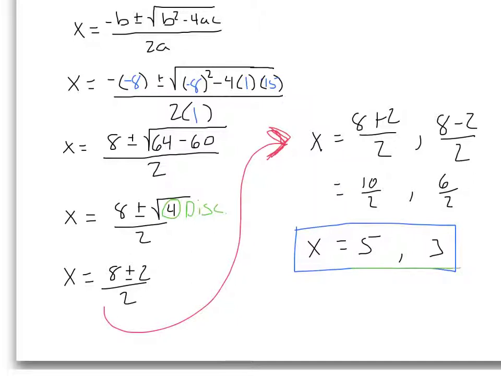Which we do. So you can check your work. You can make sure that you're doing things properly by asking, does your discriminant jive with what you actually came up with? If we have a positive discriminant but we only end up with one solution, we did something wrong somewhere. Okay? Questions?